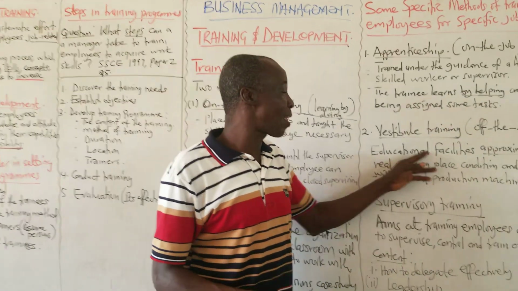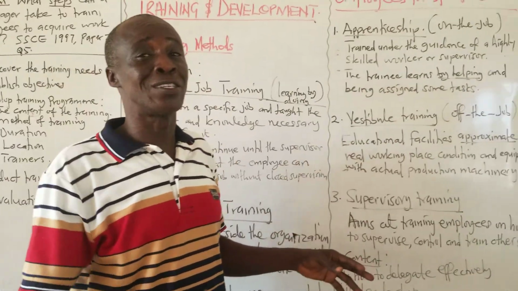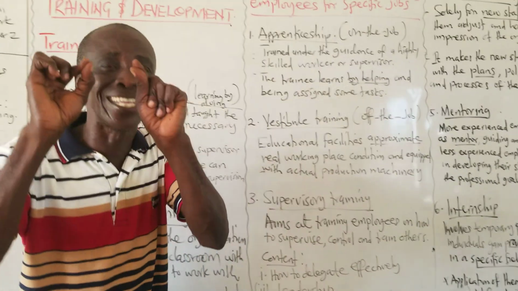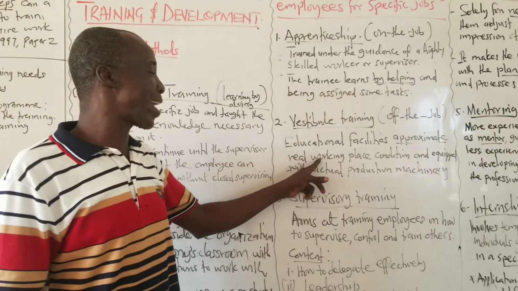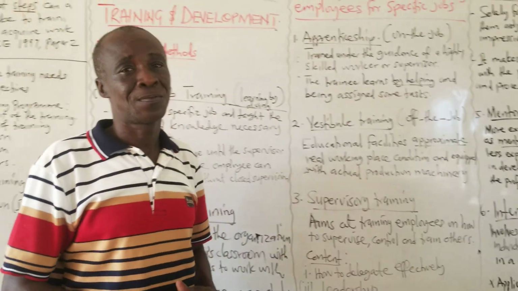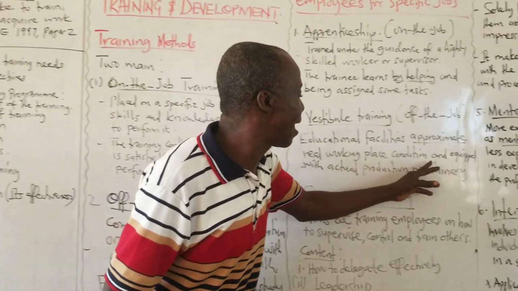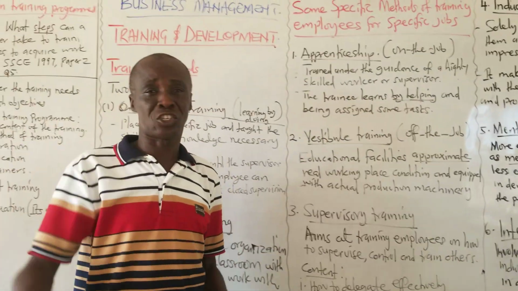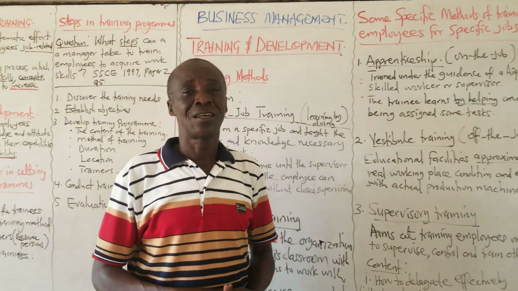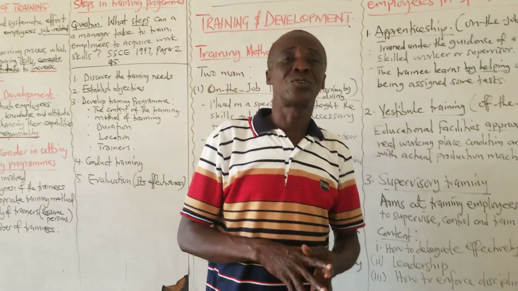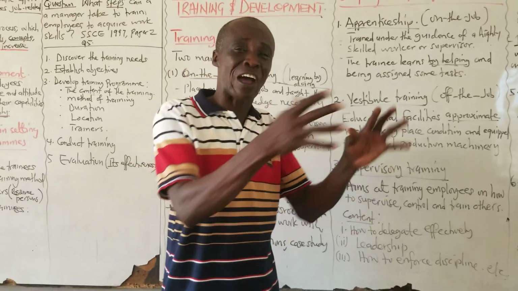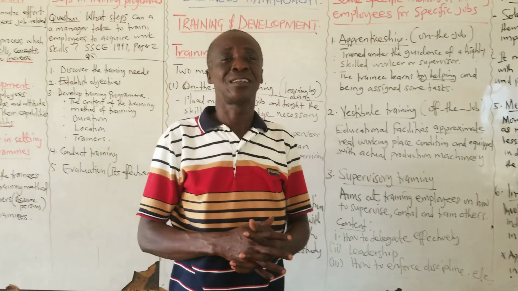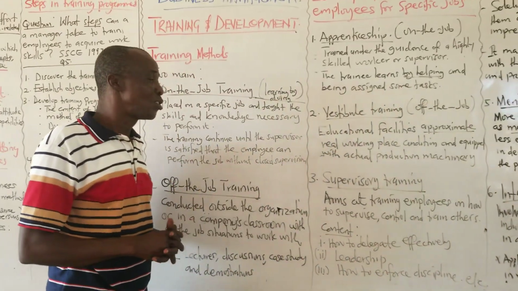So whatever they are going to use to teach you will be the educational facility that approximates real working place conditions and is equipped with actual production machinery. So when you go to the classroom, you see the machine that you have been using, and they will use it to train you to acquire more skills. So that is vestibule training.